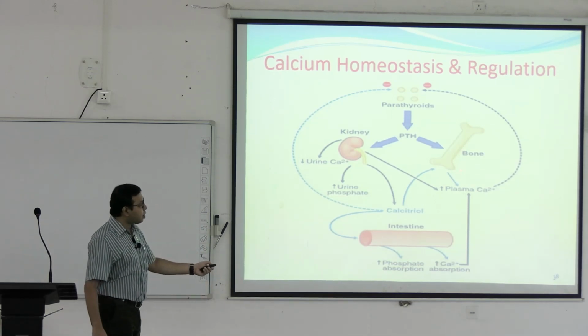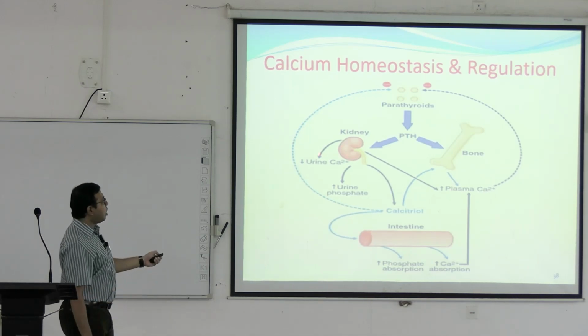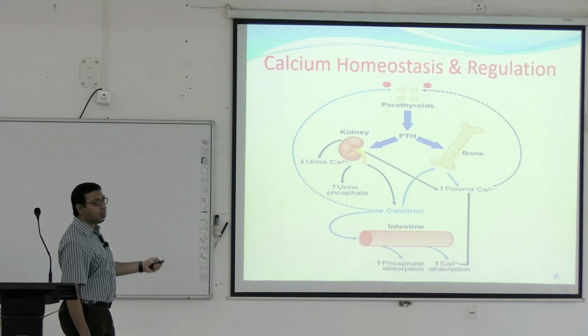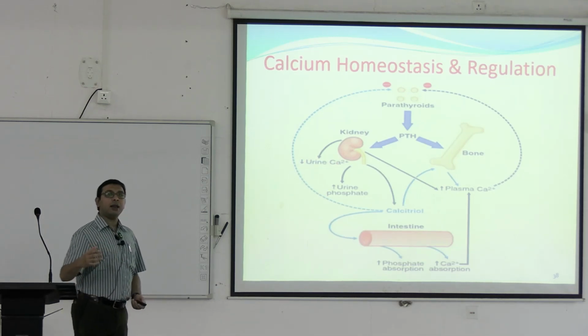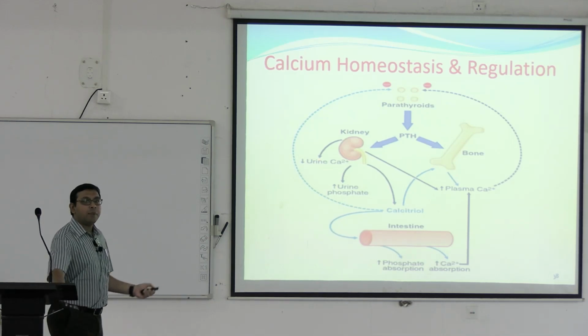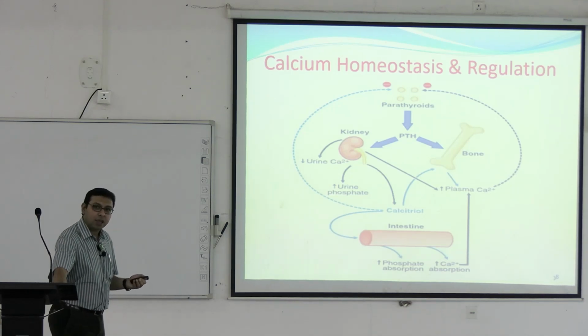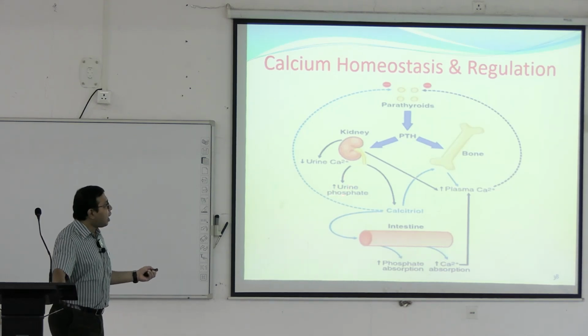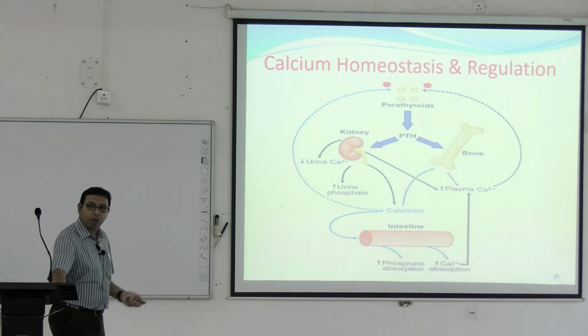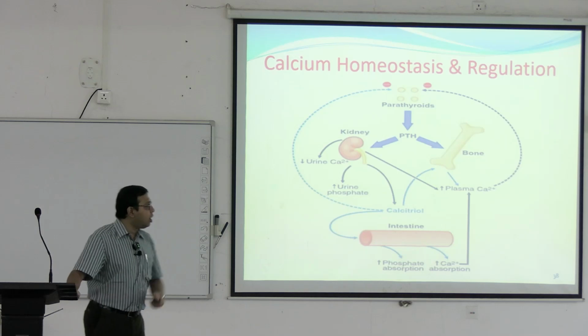You can see in the kidney, it decreases urine calcium. That is, it helps in 1-alpha hydroxylation, and calcium excretion is diminished. More calcium reabsorption happens in the distal tubule, but urine phosphate excretion becomes more, and it also helps in more calcitriol synthesis, because indirectly it helps in 1-alpha hydroxylation in the kidney.